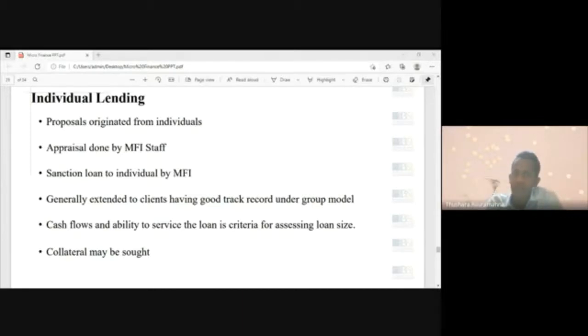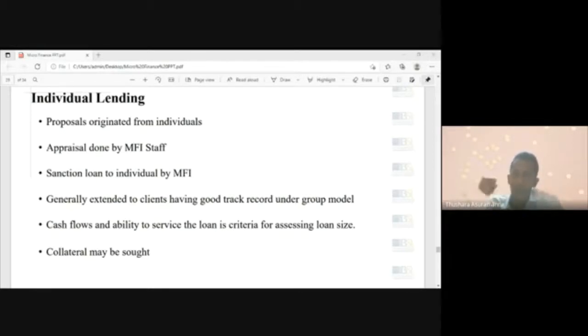How this happens is, when you have the self-help, joint liability, Grameen and all that, there is a point where at a particular level, these individuals are ready to borrow individually because they have financial discipline and have acquired other soft skills, so they can manage their business on their own, right?